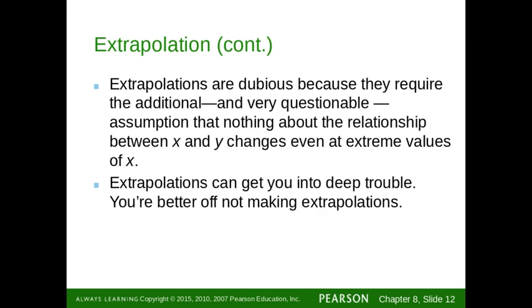Extrapolations are dubious because they require the additional and very questionable assumption that nothing about the relationship between X and Y changes, even at extreme values. Okay. Well, remember the data we were looking at about household income? Remember your homework problem where we were talking about the housing cost and income?